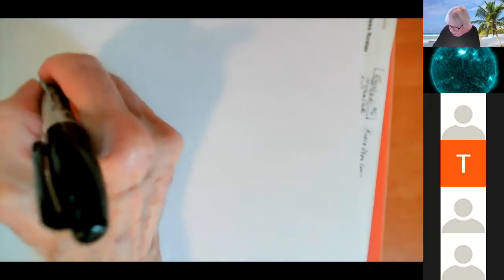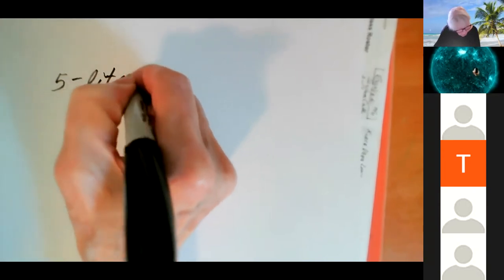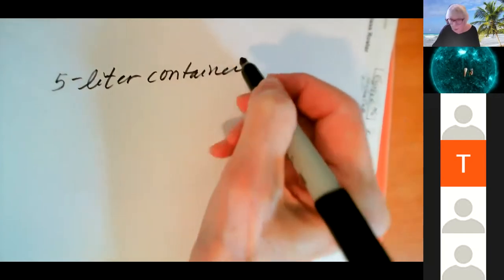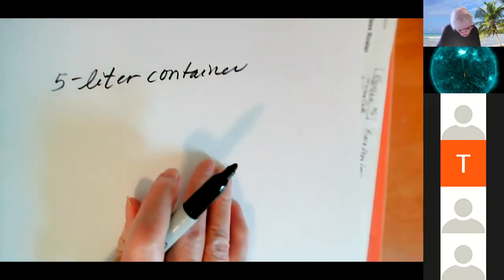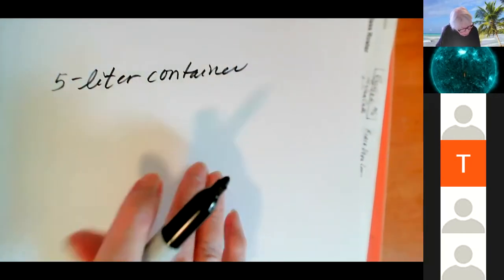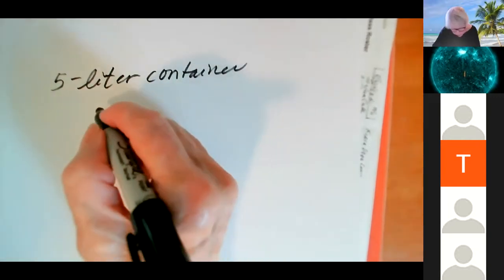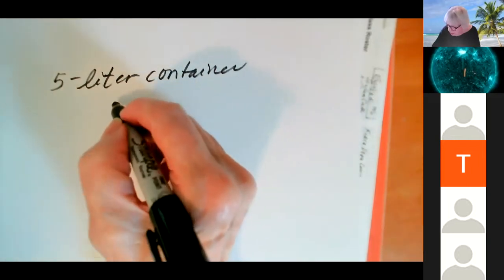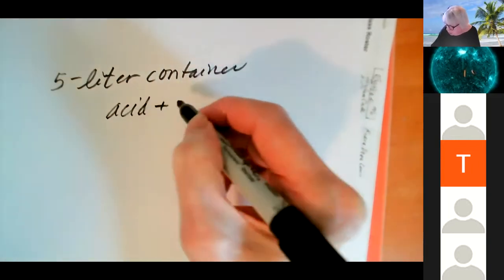How much acetic acid is in a 5-liter container? It's acetic, so it's the acid plus water.